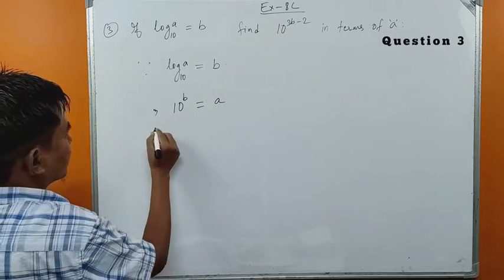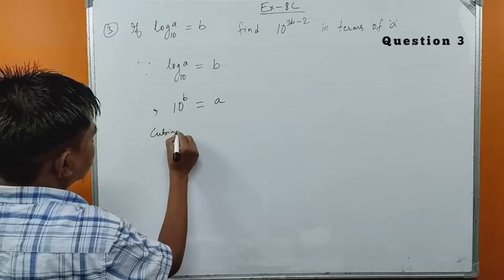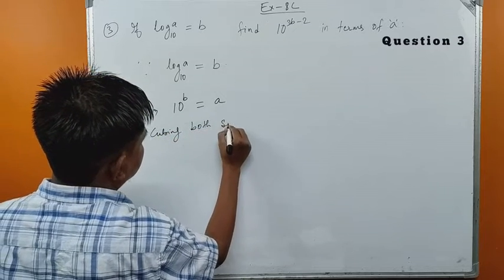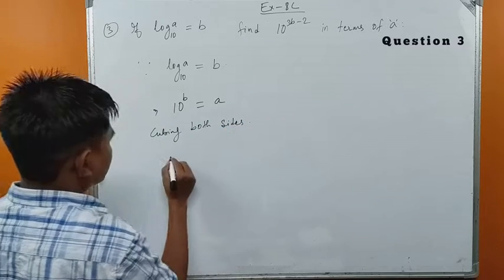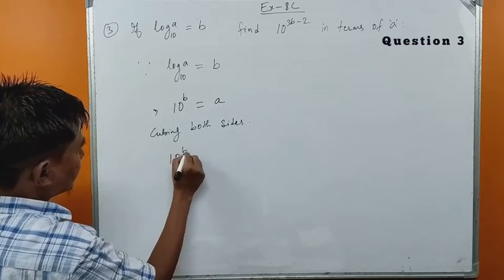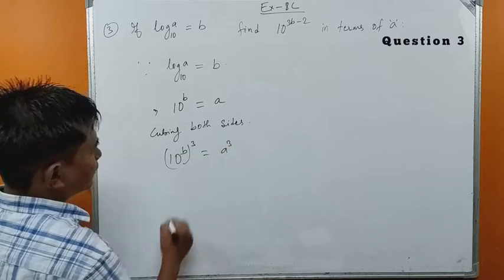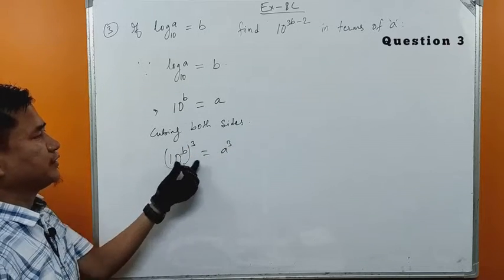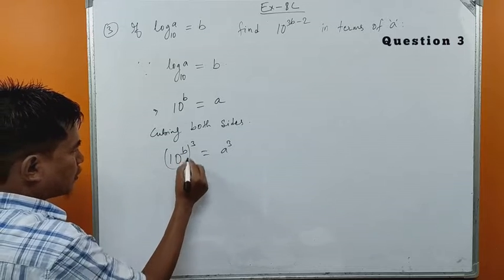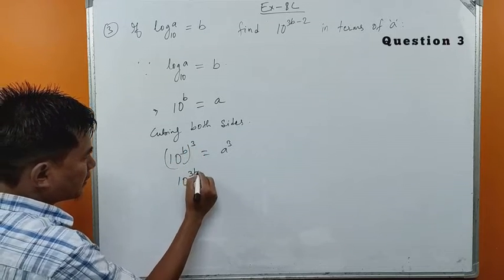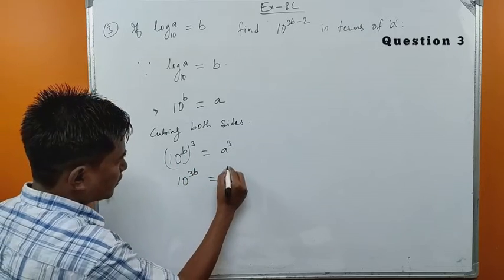So cubing both sides. 10 to the b whole cube equals to a cube. 10 to the b whole cube means 10 to the power 3b, b into 3 is 3b, equals to a cube.